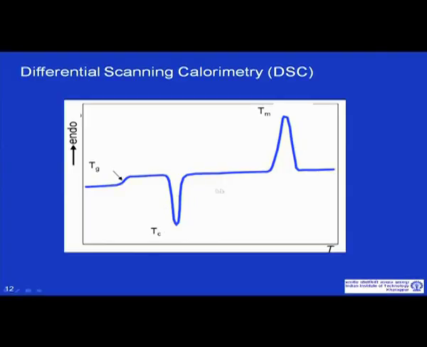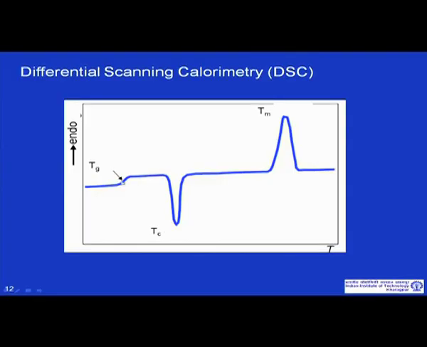If we have a crystallizable material and we quench cool and then reheat, what happens after the Tg, sometimes, if the rate of heating is slower, is that it can crystallize. So, this corresponds to crystallization. So, there is an exothermic process. This is an exothermic peak and this is called cold crystallization.